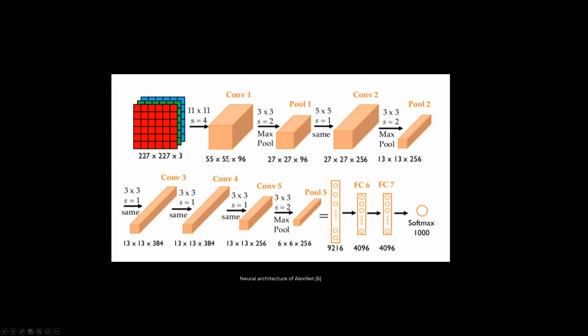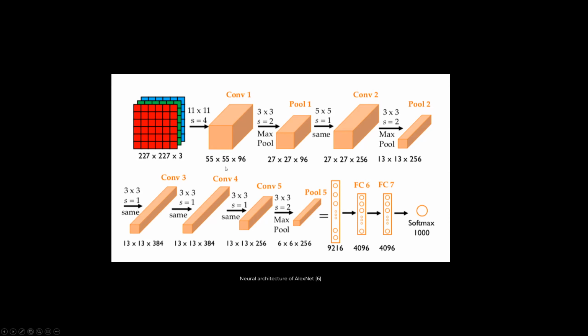If you look at the network design, it consists of many parameters. For example, the first layer consists of 55 by 55 by 96, and that's huge. For later layers, the width and height are basically divided by 2, while the channel count keeps growing.